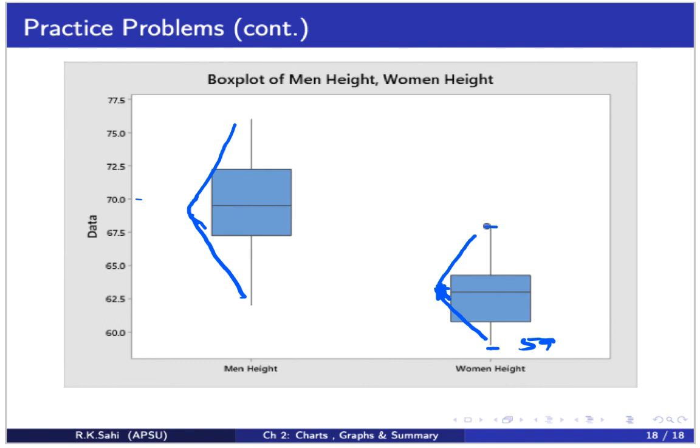The value here is closer to 67.5, so 67. So you can say the range is roughly 67 minus 59, which comes out to be 8. That's how some of the questions can be asked. Okay? Thank you.